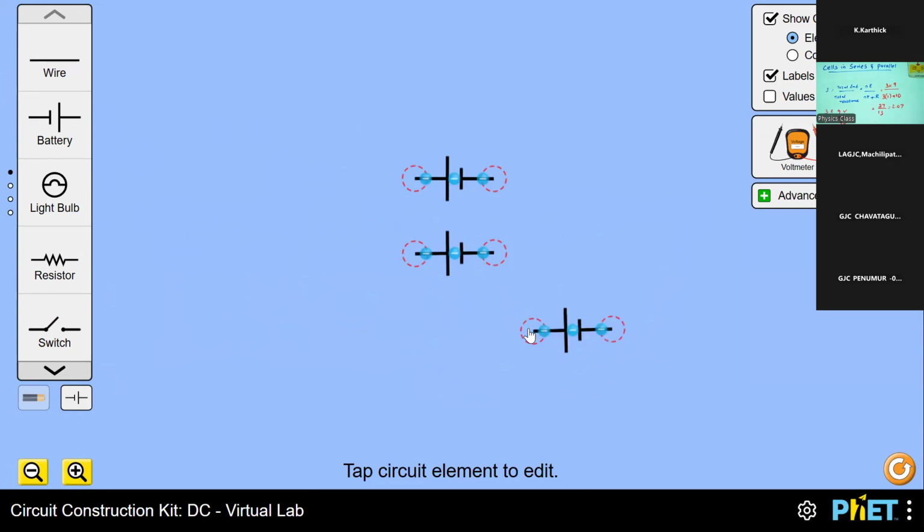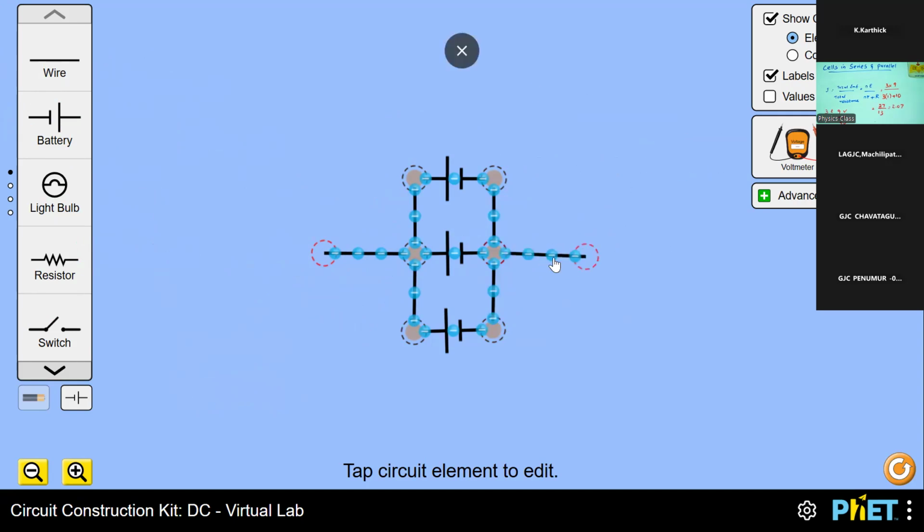We have to add the same terminal to the 1 point. Like that.